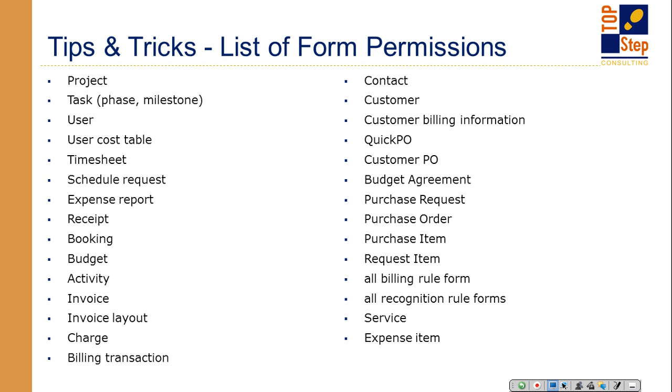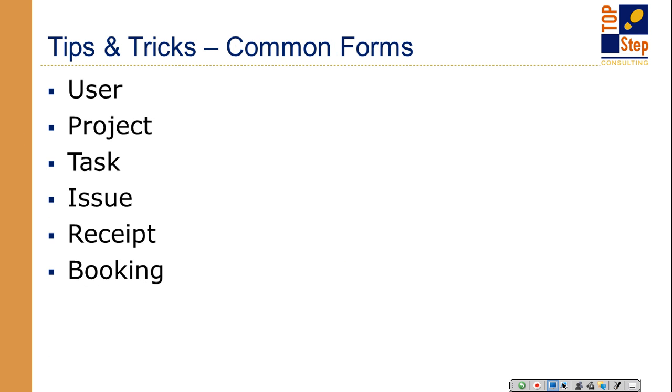It's probably on a much smaller list. So this is where I would start. Definitely your user records, projects, tasks, issues if you're using them, and receipts and bookings. I would start with those because they're the more commonly used forms.